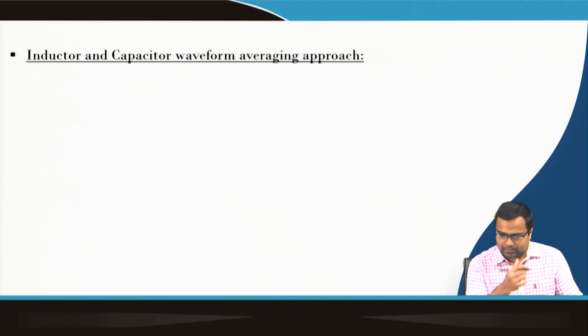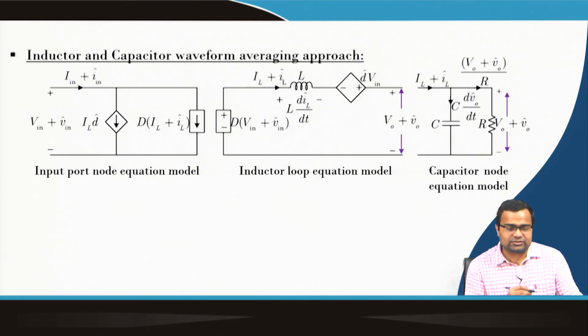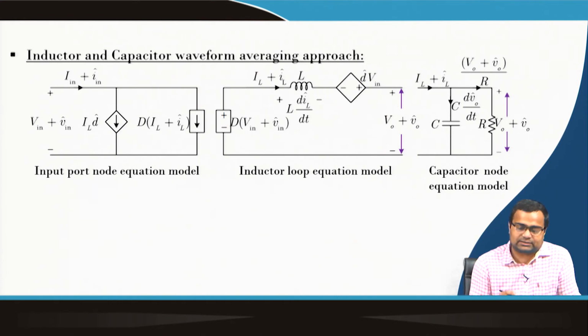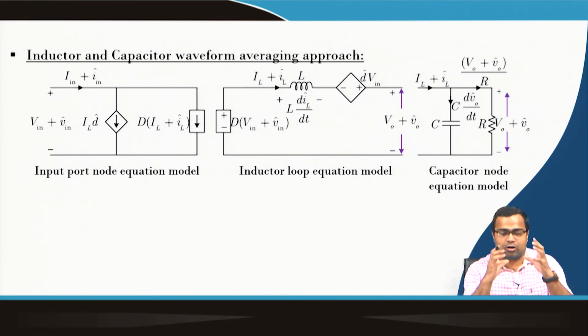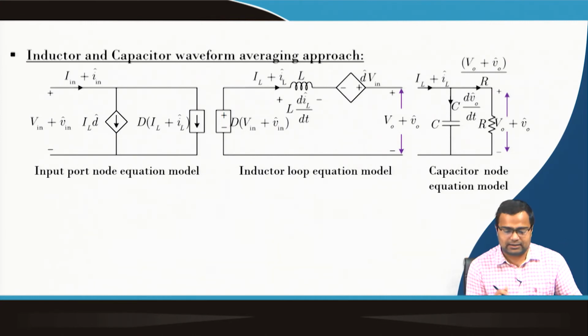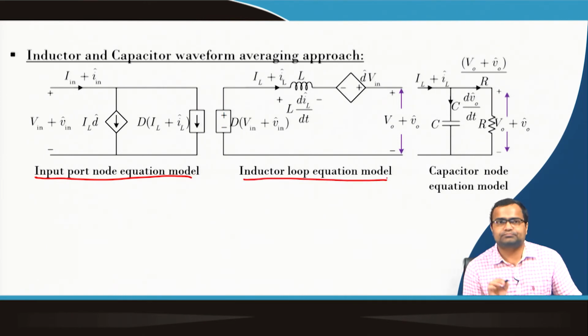Now, in the case of the average model, we discussed the waveform averaging technique. If we recall, we initially considered the waveforms of capacitor current, input current, inductor current, output voltage, and capacitor voltage, and we obtained the equivalent model by averaging the waveform over a periodic cycle, and we got 3 models: one for the input current, another for the inductor current dynamics, and the third for the capacitor voltage dynamics.